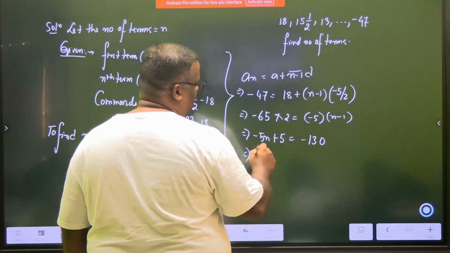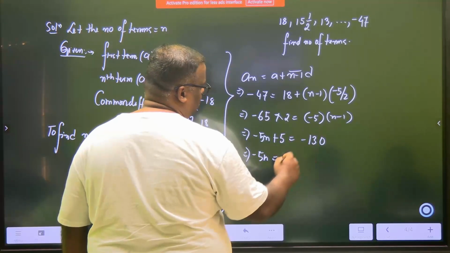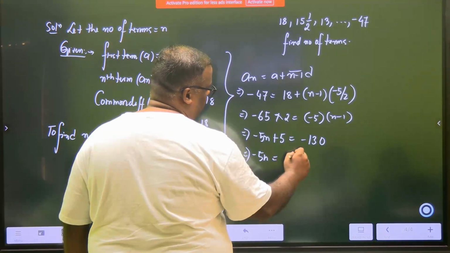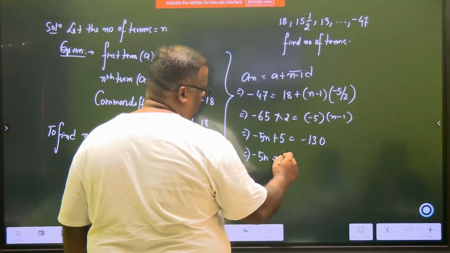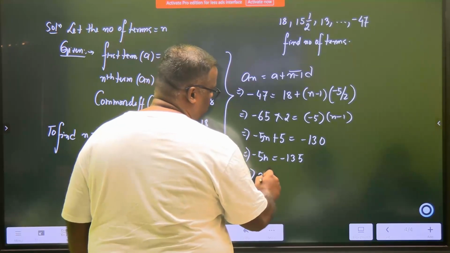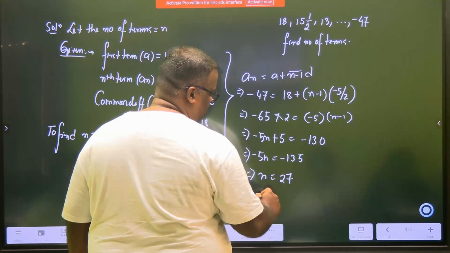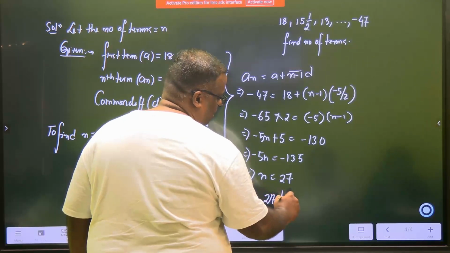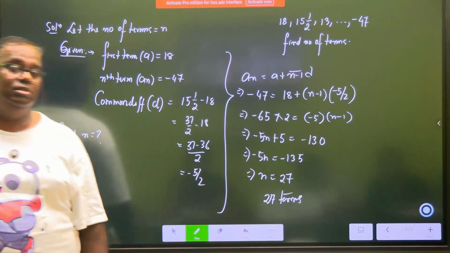Or negative 5n is equal to, this side, negative 135. Yes or no? So n becomes 135 divided by 5, 27 terms.